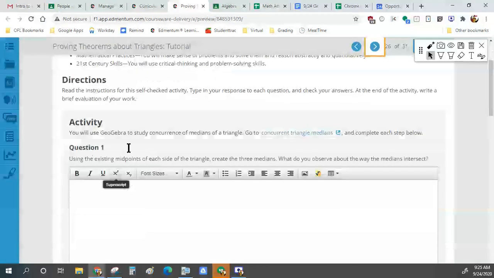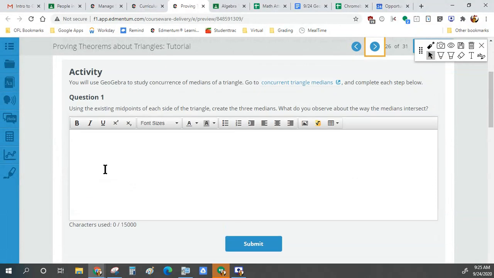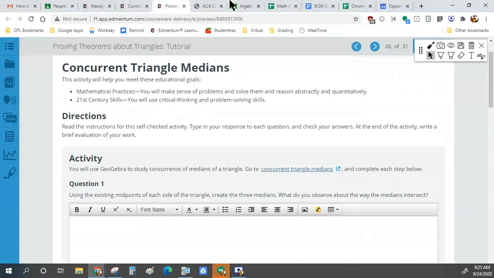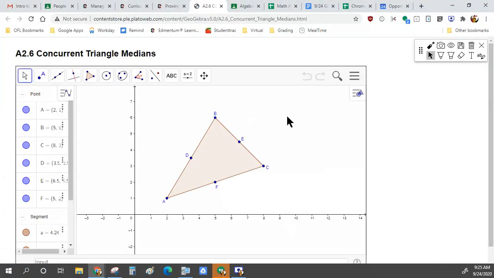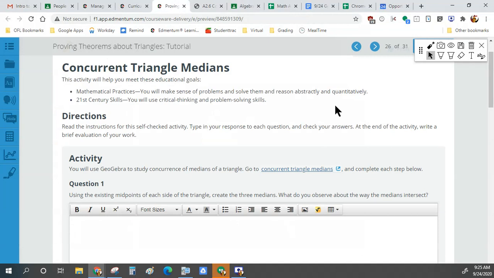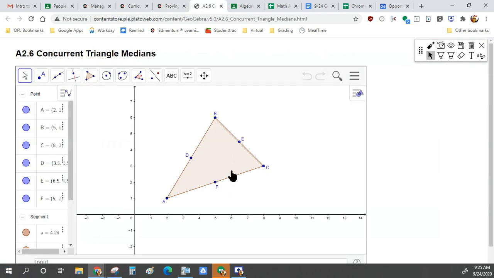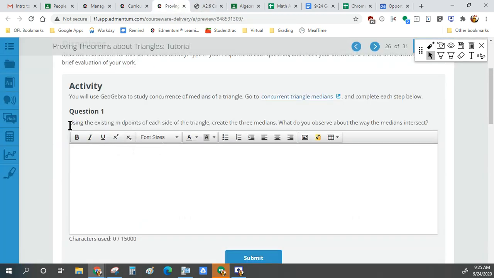Our next one, what we're going to do here is we're going to do this activity. So I'm more of a fan of them doing the practical proofs. Practical meaning that we're actually like applying it and stuff, as opposed to the handwritten proofs. So we're going to use these existing midpoints. So they already gave us midpoints. And now using the existing midpoints, we're going to create medians.